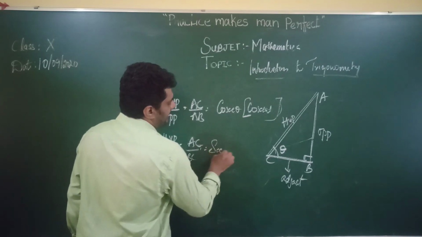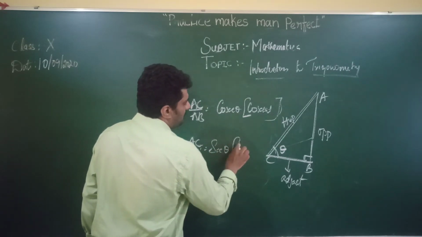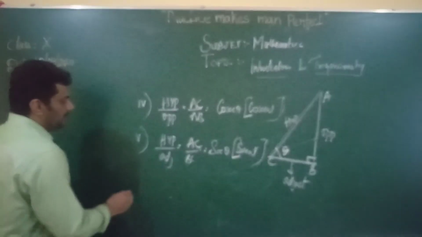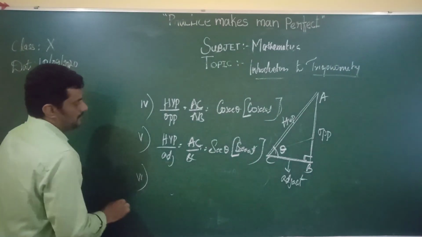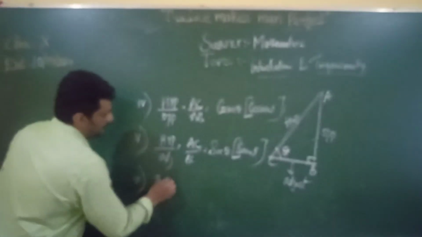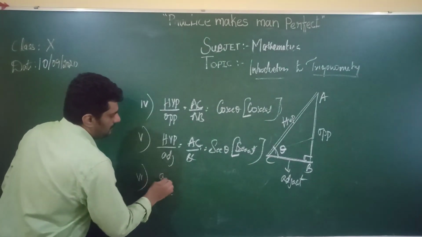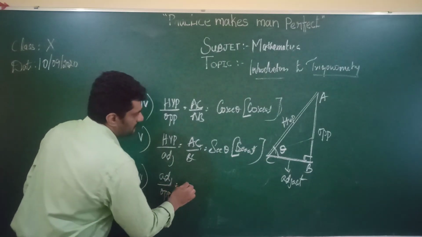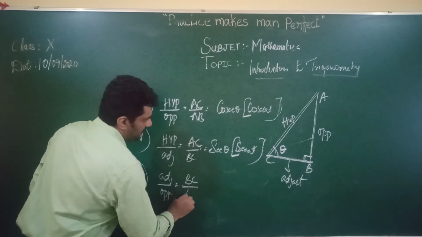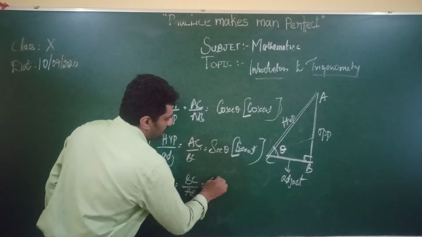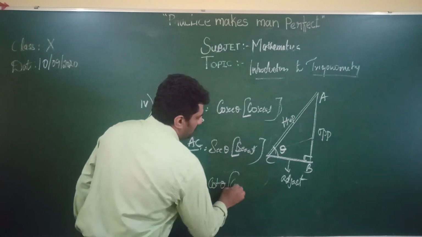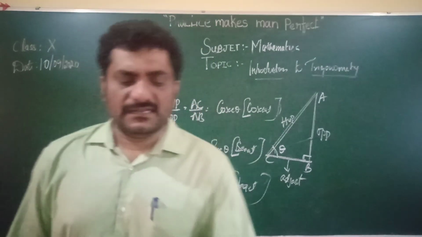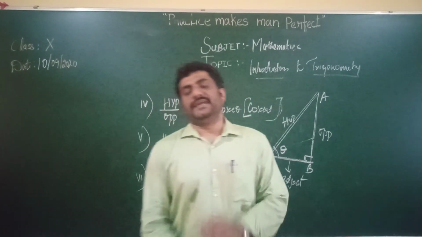This is sec theta, secant in full. And the last one is adjacent by opposite, which is BC by AB. This is cot theta, cotangent. These are the six ratios which we have.